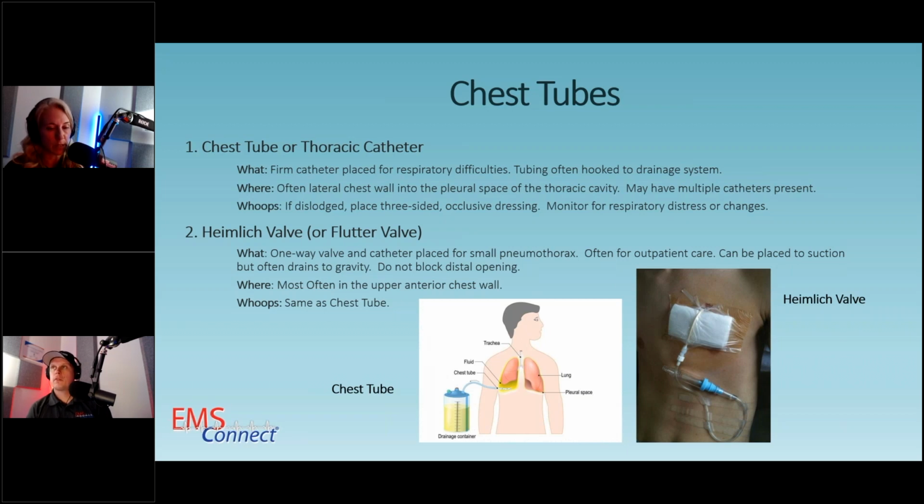And if somebody's had the chest tube in for a while and it's just hanging to gravity and their pneumo has actually resolved, sometimes even dislodging the chest tube and having that dressing on there, you won't have any distress. The patient won't change status at all because their pneumo has resolved and it's become a non-issue respiratory factor.